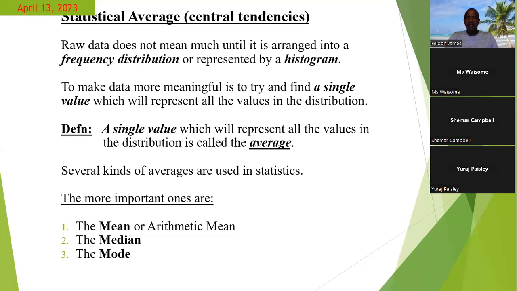And the single value tends to be the middle value. So the single value which will represent all the values in the distribution is called the average. Several kinds of averages are used in statistics. The more important ones are the mean or arithmetic mean, the median, and the mode.